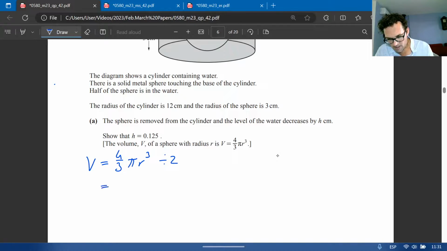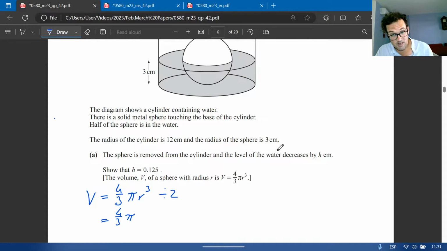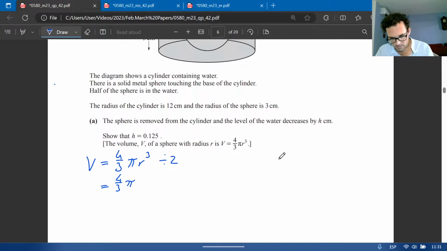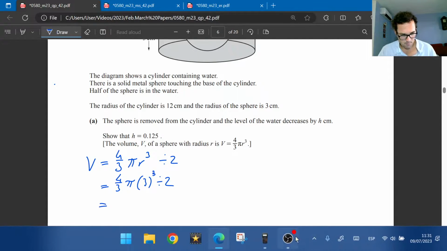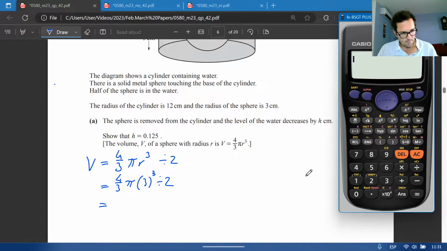So the volume of that hemisphere is 4/3 pi, the radius of the sphere being 3, so that's 3 cubed, divided by 2. Let's work that out. So we can use 56.548.